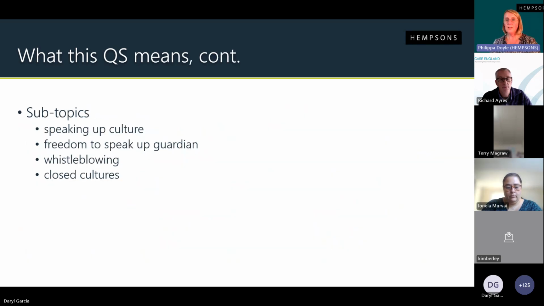You've got your little subtopics there again as well, that speaking up culture, freedom to speak up guardian that we see in the NHS, whistleblowing, and that we don't have any closed cultures. We do see that sometimes where you've got very small services with very small numbers of staff supporting people, that they become such a tight-knit, small little community of 3, 4, 5, 6 people that it starts to become very paternalistic.